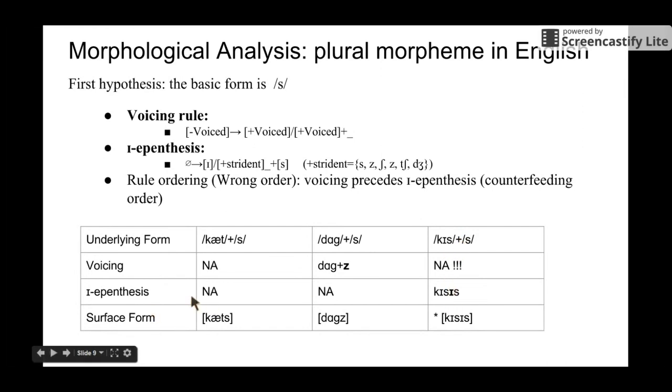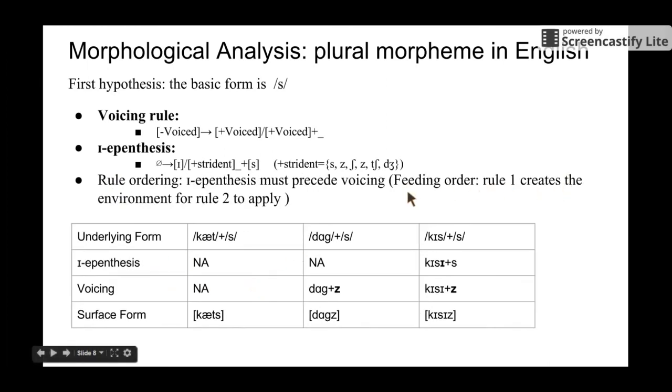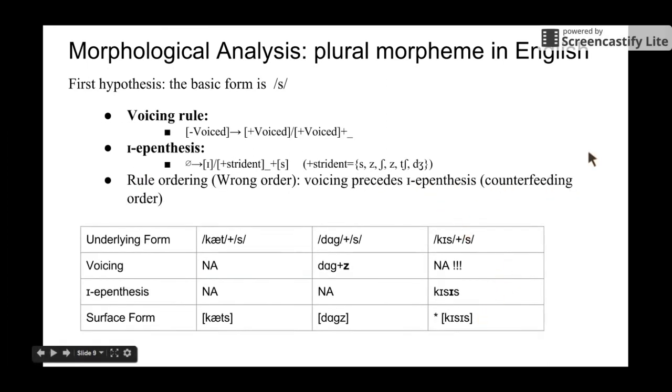And then we have the vowel insertion rule. It applies because this is the right environment. And then we have the final output, but this is not the desired output. I put a star to show that this is a wrong output. Okay. And this order is called counterfeeding order because it's exactly the opposite of the feeding order.